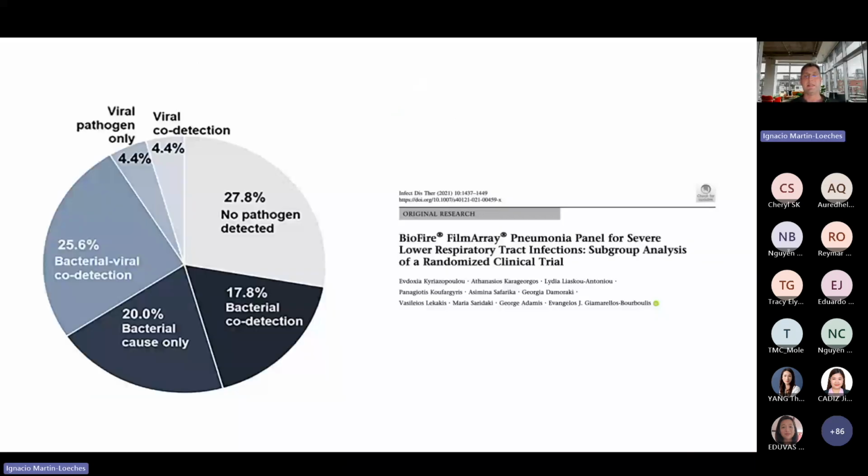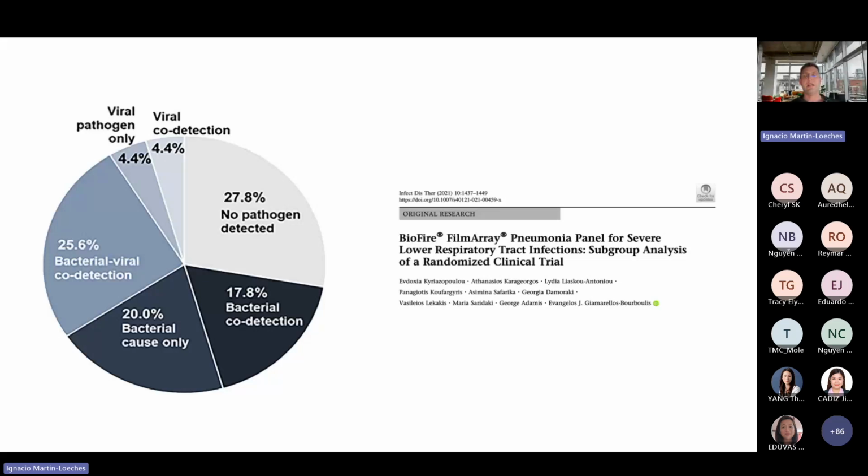Also, we have seen some experience from this type of test. I'm just showing this study that was done in Greece from the group of Giamarellos, and if you remember those numbers that I showed before, in 2012 and even last year, we can see that with no molecular methods, the detection was very poor.